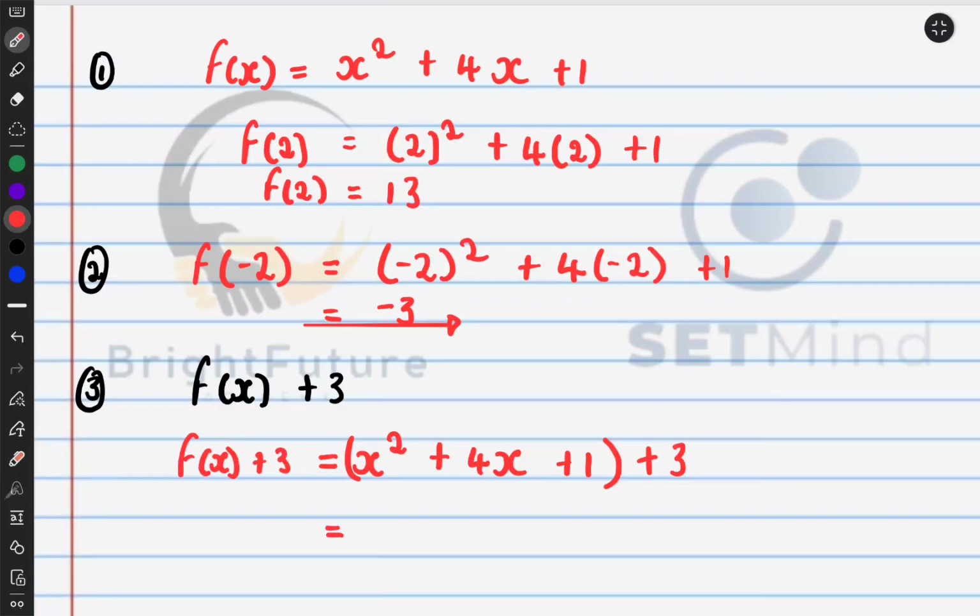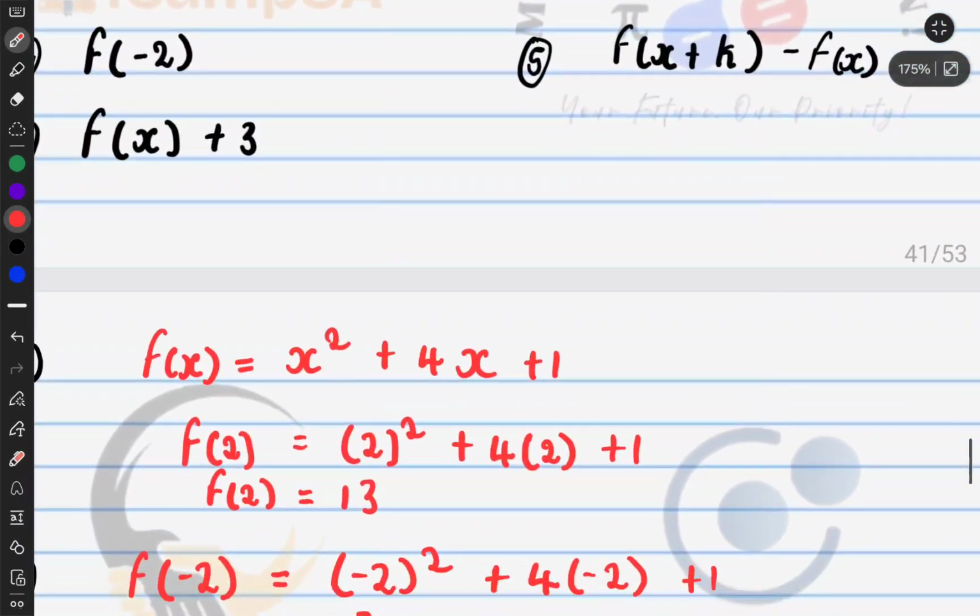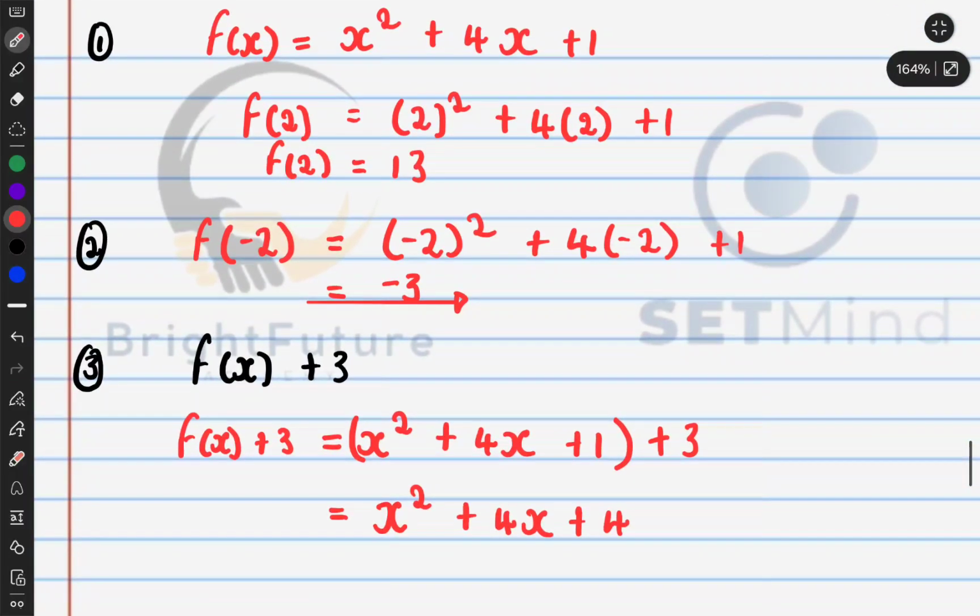This one would be equal to x squared plus 4x plus 1 plus 3. We add like terms, so it's going to be plus 4. So f at x plus 3 is going to be this thing that we have here.